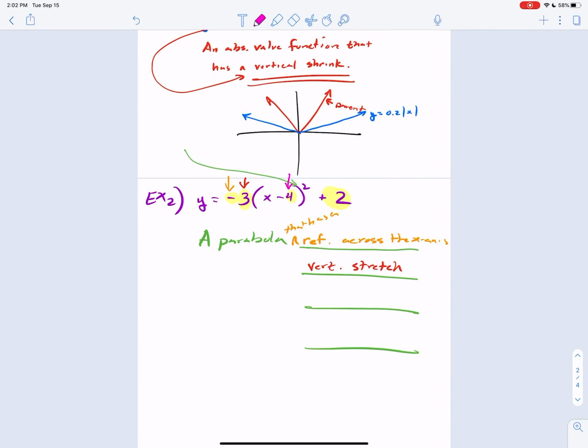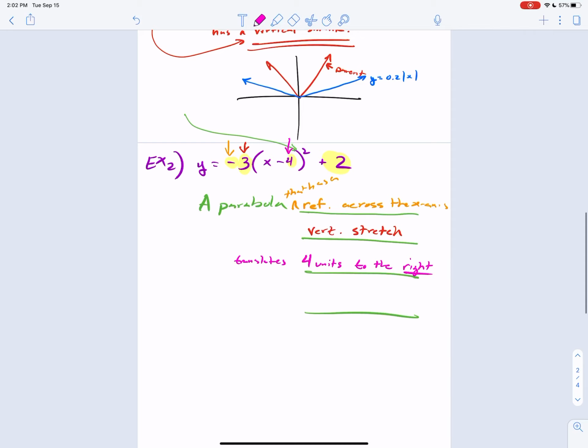What does that do? That's your horizontal shift, but this is going to be 4 units. I should say it translates 4 units to the right. If you got that, good job. Remember, H is a little bit backwards.